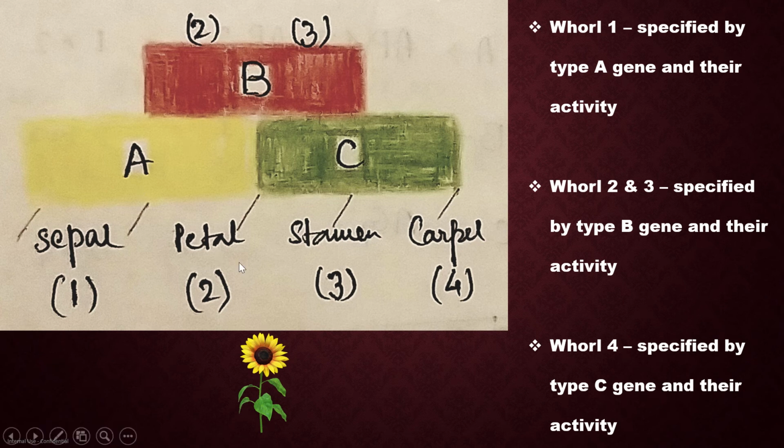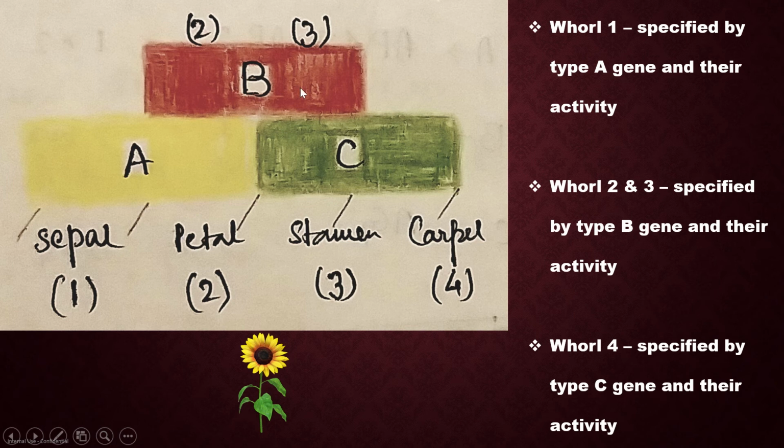Next, coming to petals, whorl 2 is specified by type B gene and their activity.